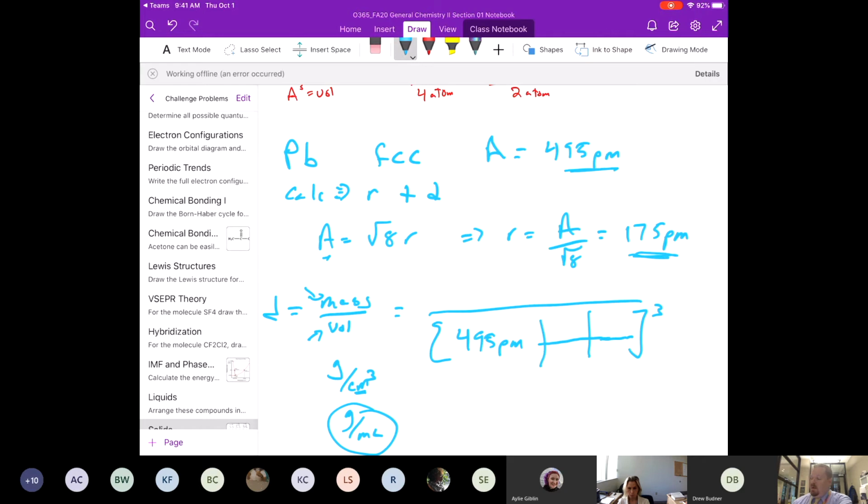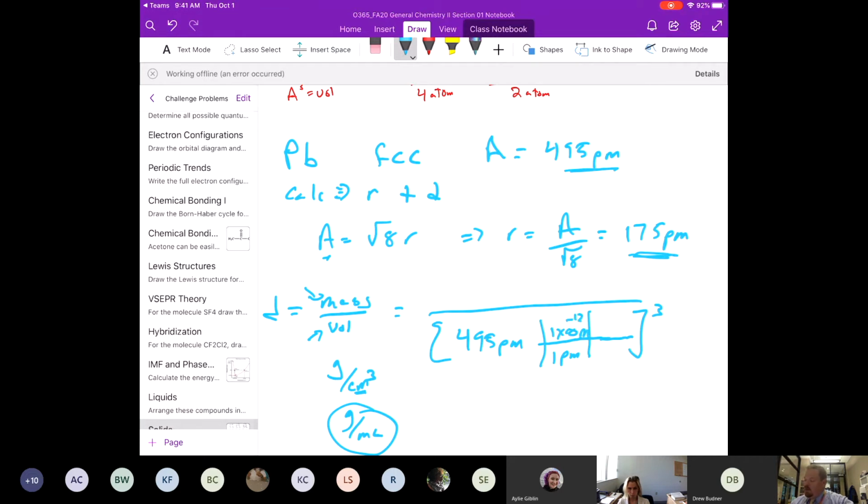Right? And because I don't want to memorize the conversion, I'm going to do conversion to meters. So 1 picometer is 1 times 10 to the negative 12th meters.